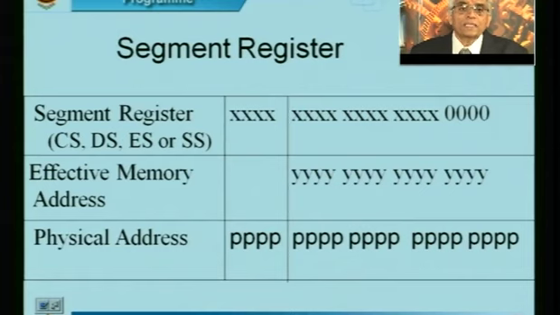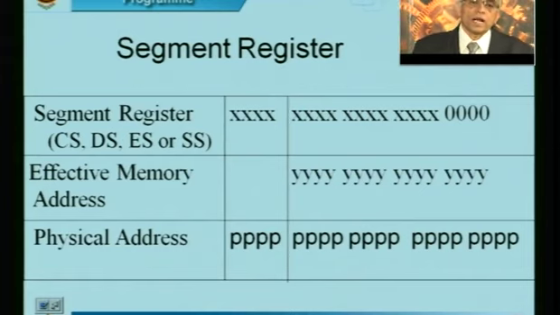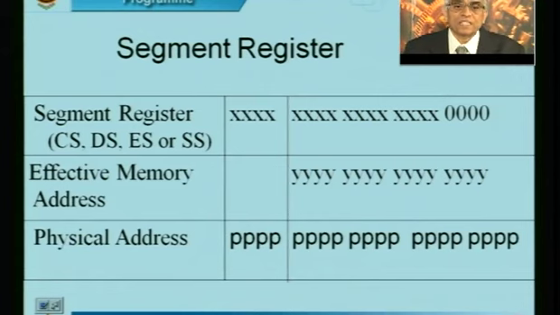And if you want to access the stack memory location, again the stack memory address is 20 bits. We have the stack segment, which is displaced by 4 bits to the left and added to either the stack pointer or the base pointer. The displaced stack segment is added to the stack pointer or base pointer to get the total physical address.